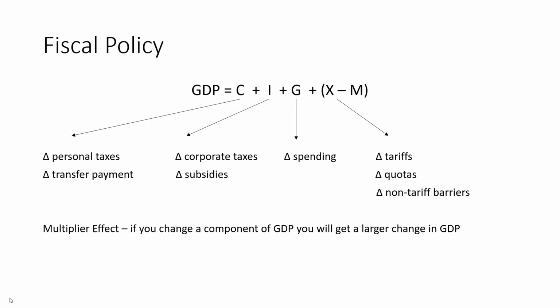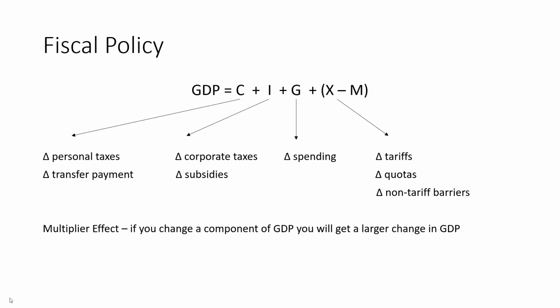We also know the last component of GDP is net exports. And we could change tariffs, quotas, non-tariff barriers. There's all sorts of things we can look at. I don't want to spend any time looking at that now because at the end of the semester when we do the international economy, we'll look at that. All right. Now, let's get back to the other three components.